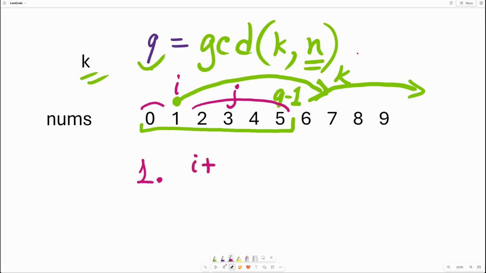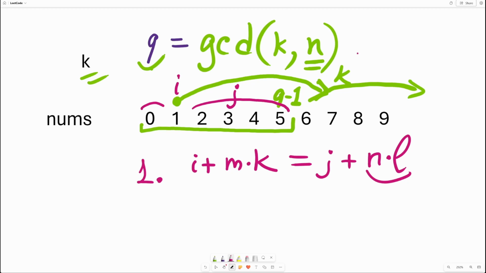So i plus some number of k jumps, let's say we jumped m times, should be the same as j, potentially wrapped around a few number of times. So this is wrapping around L times. L is the number of times we wrapped around.